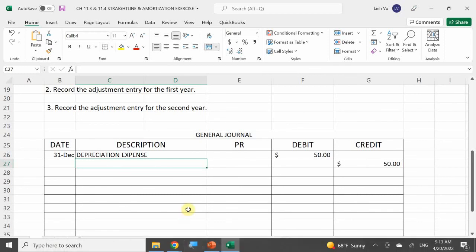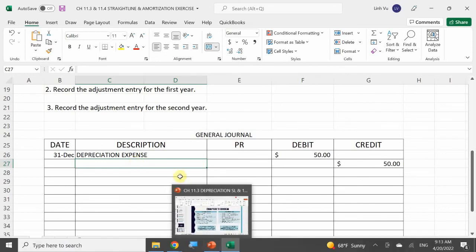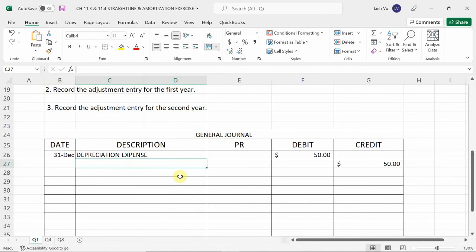Is it receivable? This is depreciation. It has nothing to do with the customers. Depreciation.